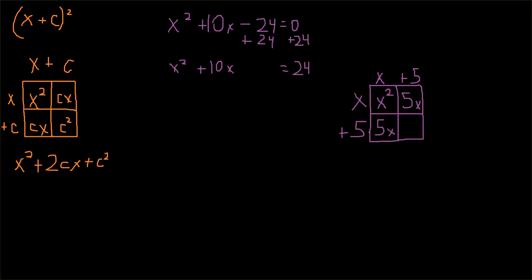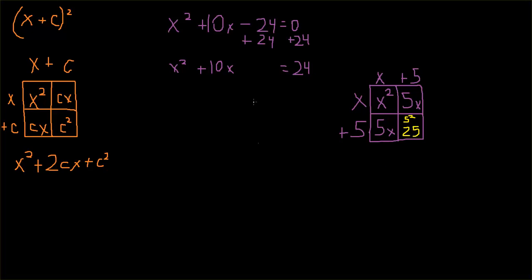So finally we have to figure out what goes in this bottom right-hand box. Well, using the area model we have 5 times 5, which works out because c squared, in this case, we have figured out that c is 5. This will be 5 squared, or 25.